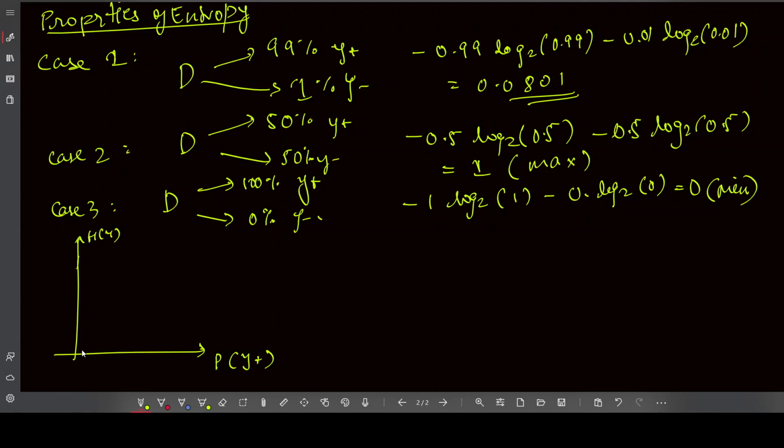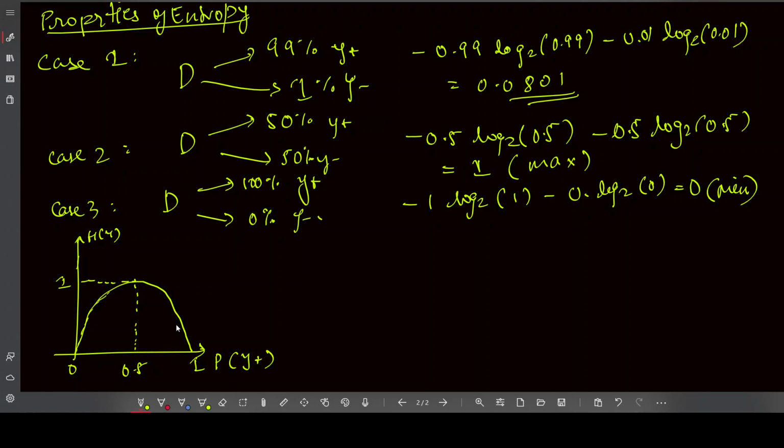The plot for my entropy is something like this. If the probability of observing a class label in my data set is 0.5, then this is where I have the maximum value of 1. Over here it's 1, and over here it's 0. This is what the plot of my entropy looks like.